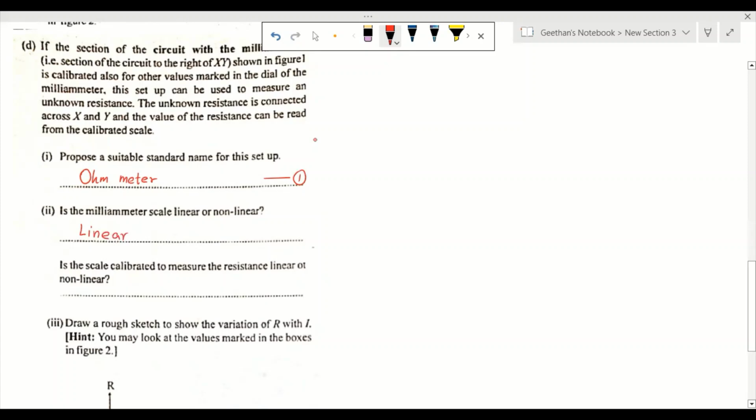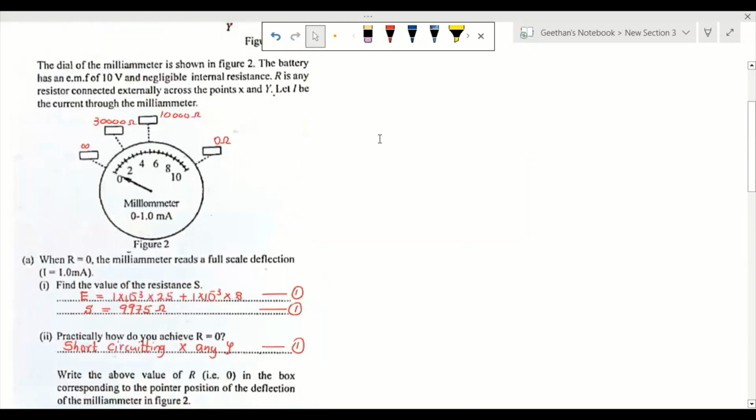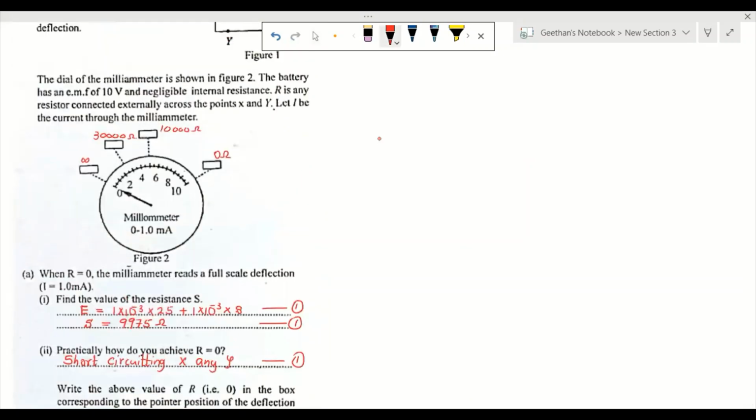Is the scale calibrated to measure resistance linear or non-linear? Right. You can see here we have values from 0 to infinity in this small range. Think about it, can you have everything calibrated linearly in a small scale from 0 to infinity? No, it's not possible, right?